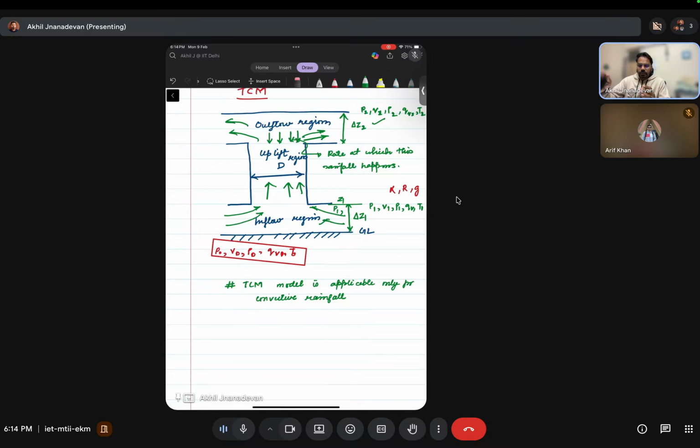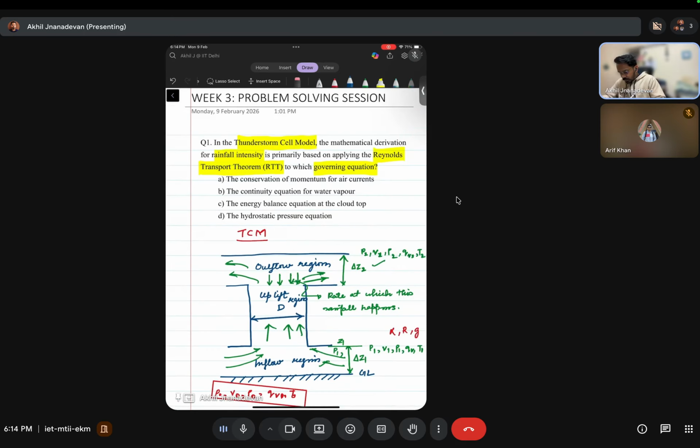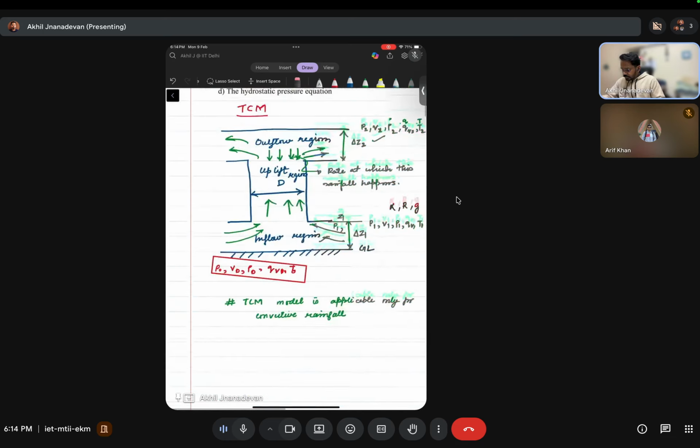If we have a control volume, we can apply different laws, right? We can apply the RTT, different laws. So as you already said, we are going to apply the continuity equation for water vapor in this particular column, right?